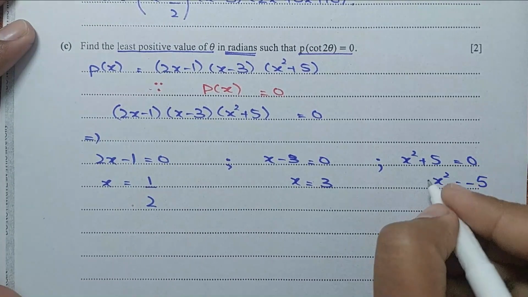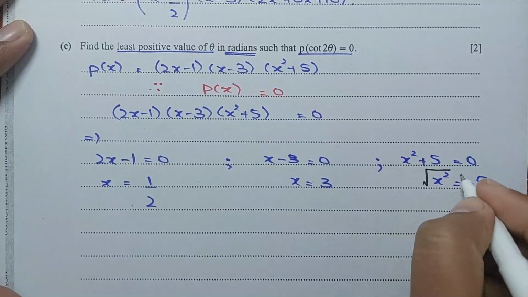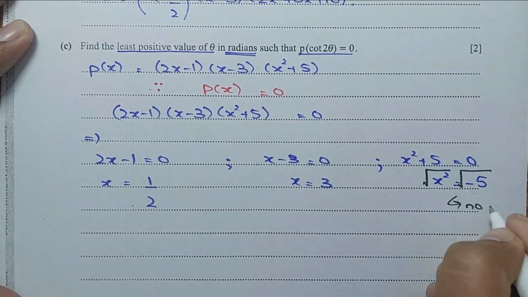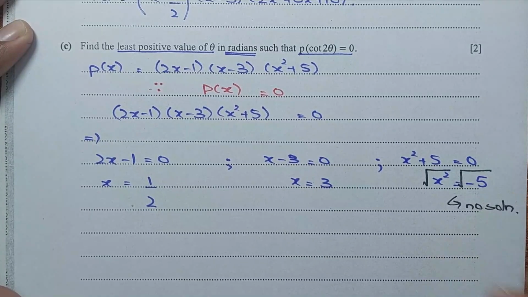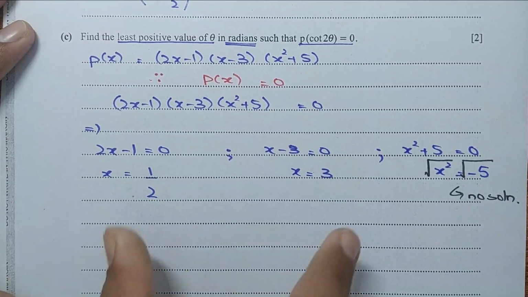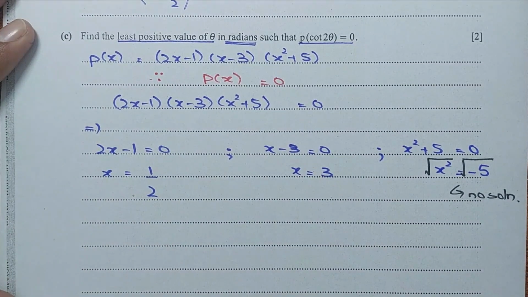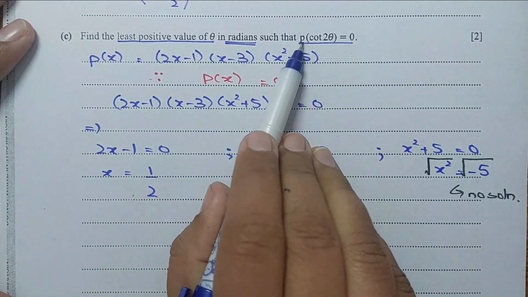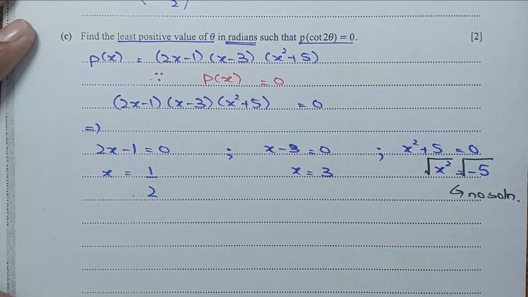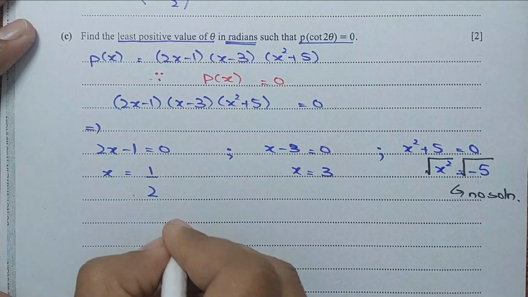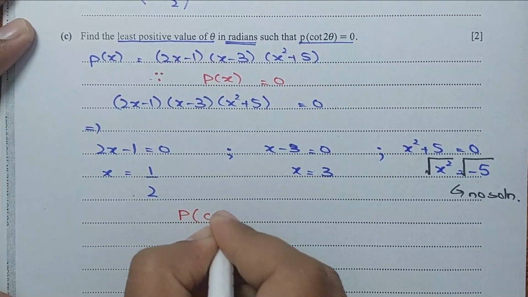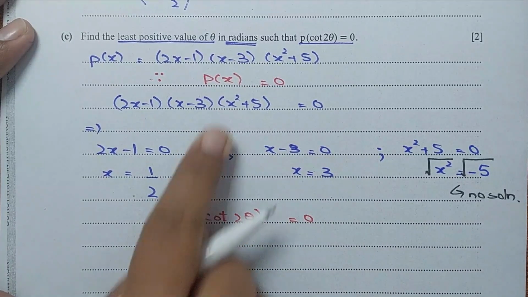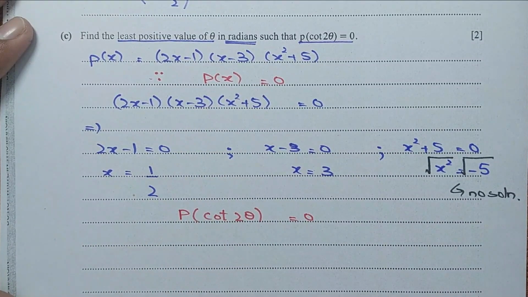Why? Because when we do the square root on both sides, the square root of the negative number is a complex root. Square root of negative does not exist, right? So we have solution from these two cases. Okay, when p of x equals to 0, you will get this. And when p of cot 2 theta equals to 0, it means x is replaced with cot 2 theta.